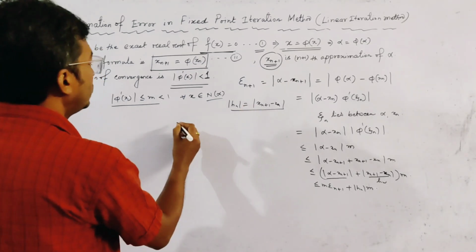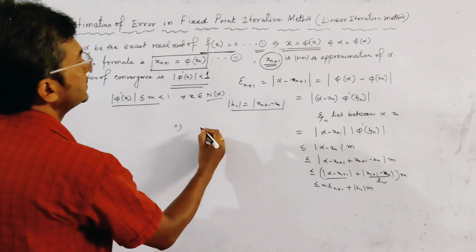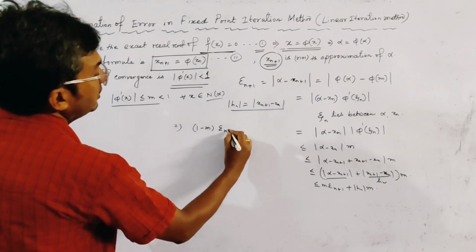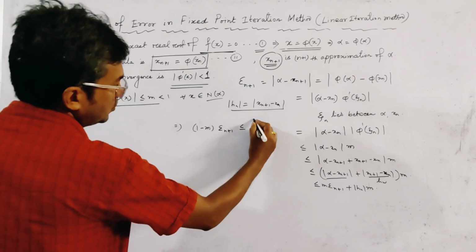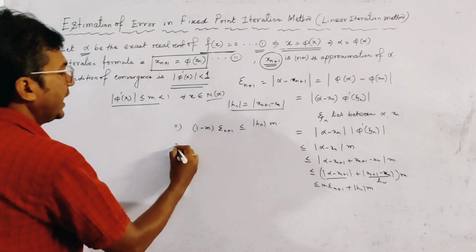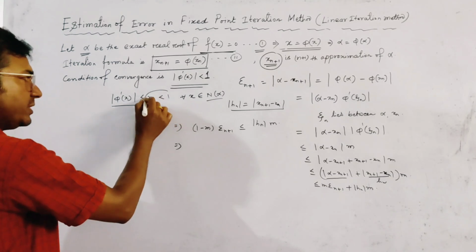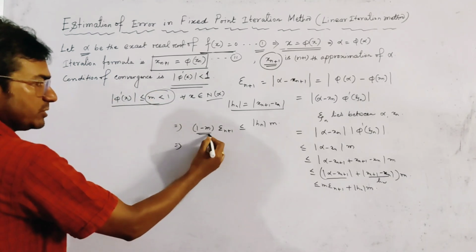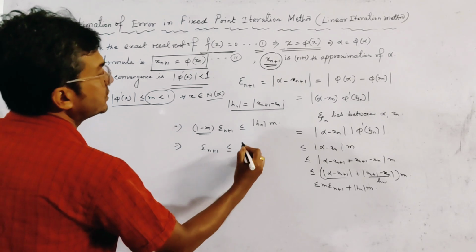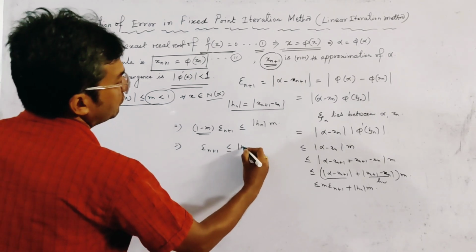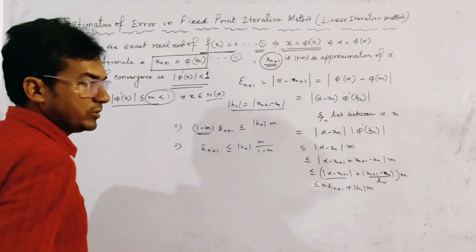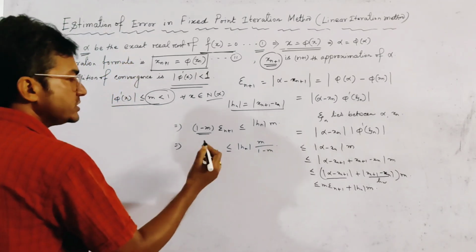Now we write this relation as (1 minus m) into epsilon(n+1) less than or equal to |h(n)| into m. Since m is less than 1, 1 minus m must be positive, so we can write epsilon(n+1) less than or equal to |h(n)| into m divided by (1 minus m).